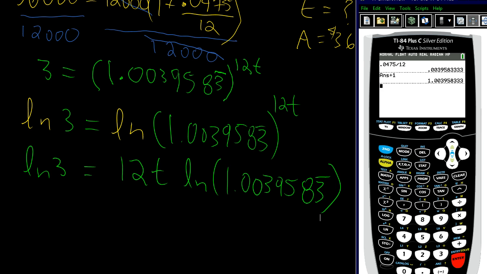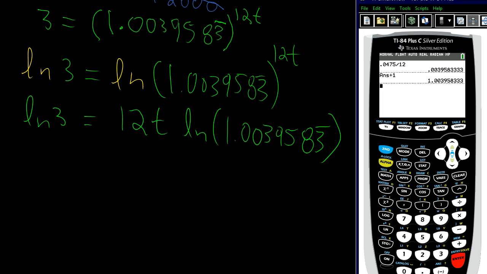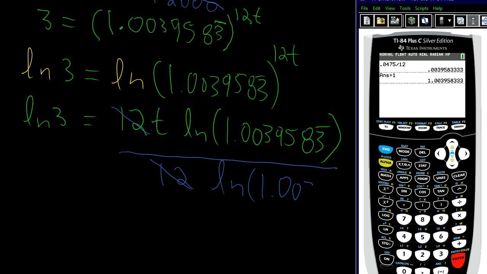So lastly, we want to isolate t, in other words, get it by itself. So we can divide both sides of our equation by the same expression. So I'm going to divide this by 12 because that will cancel and give me 1. And I also need to divide by natural log of 1.0039583.